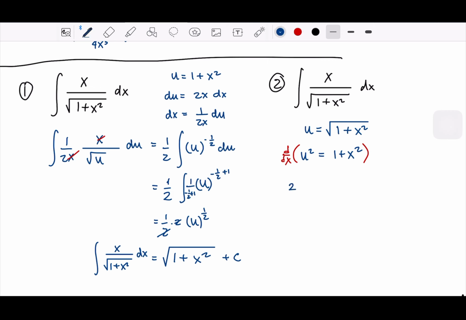So this will be 2u du equals 2x dx, so dx is u over x du.